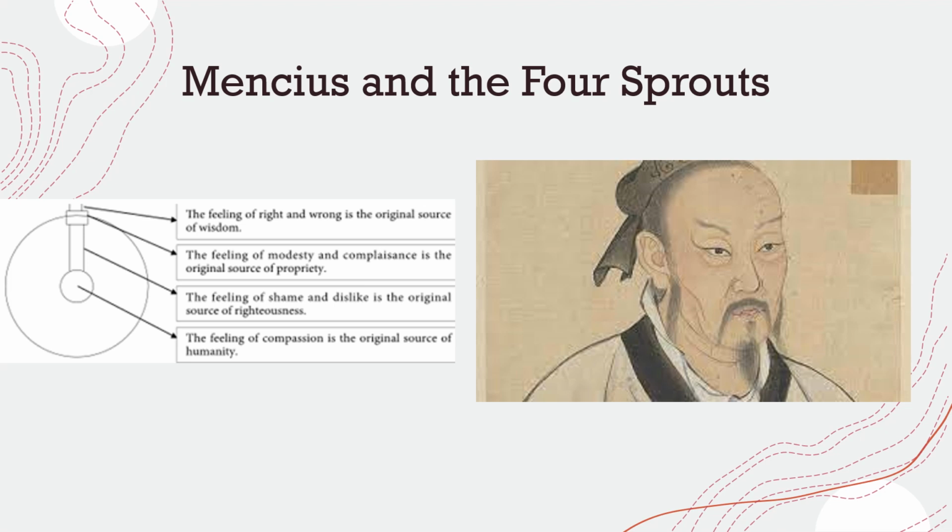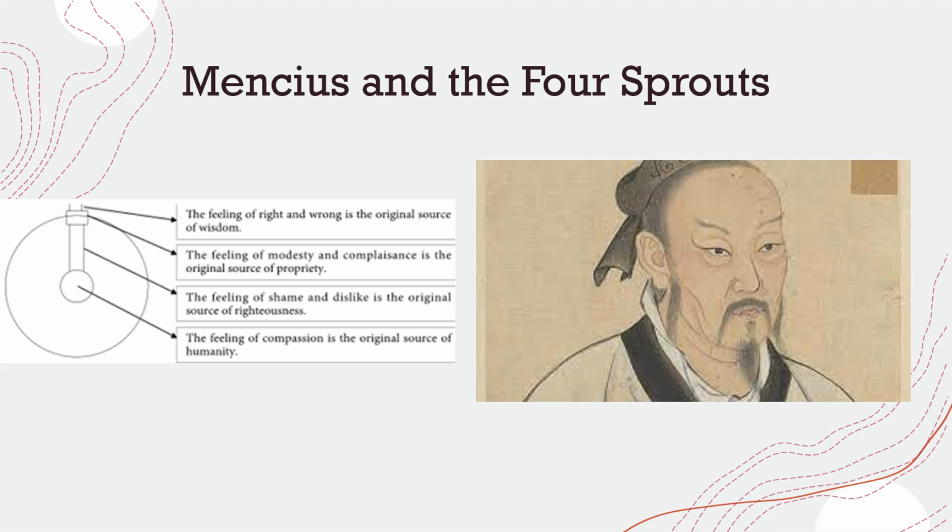So Mencius believed that human nature is essentially good, and we're born with these four emotional sprouts of goodness, right? They're the first shoots of morality, these four emotions that we feel.